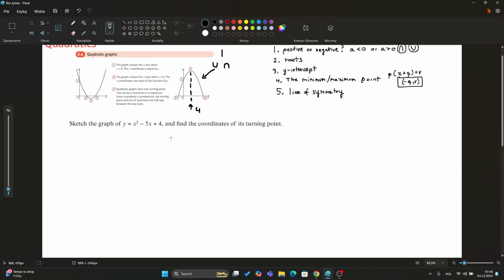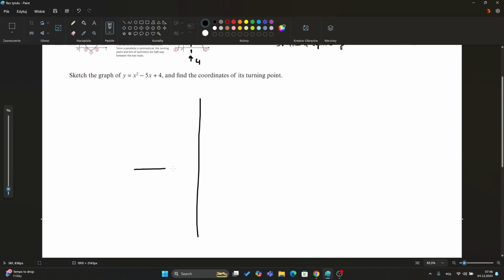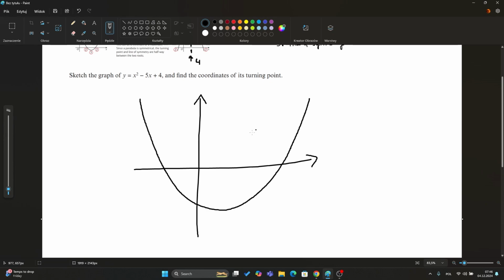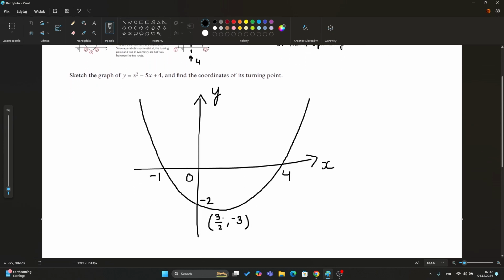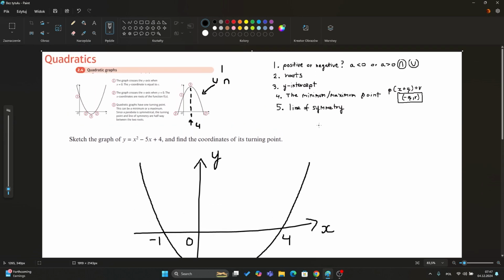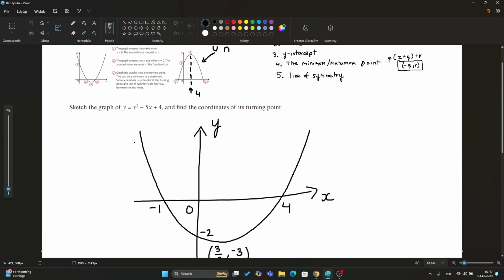If we draw a sketch of a random graph, like this, here we have 5 things to know. First of all, we need to know whether the graph is positive or negative. If we look at the coefficient of x squared, when it's negative, the graph looks like this.